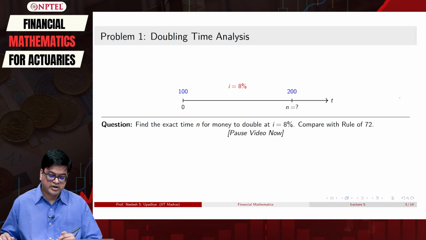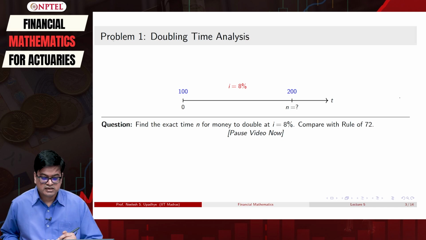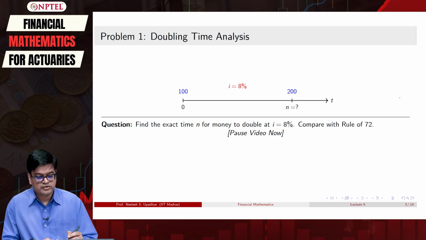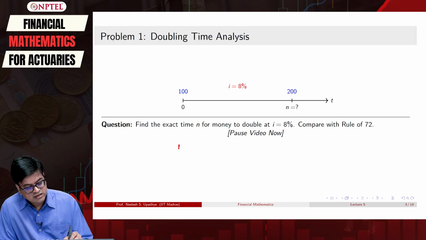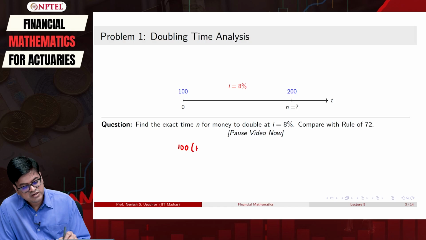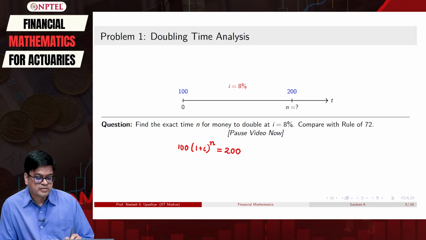Now we are coming back after 3 minutes and let us analyze what we are trying to do. I have $100 at my disposal. I have invested it, so I will have an interest factor of 1 plus i, raised to the power n, and the value of that will be 200, correct?